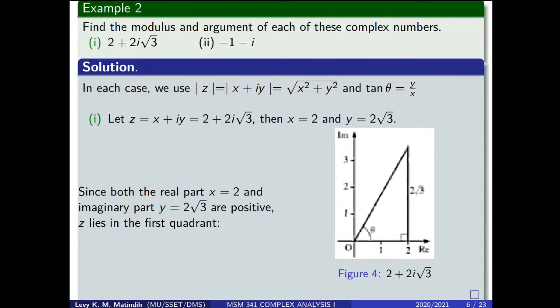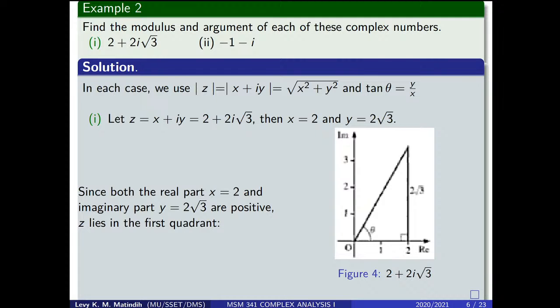In both question 1 and question 2, we are going to use the formula: the modulus of z is equal to the square root of x squared plus y squared.